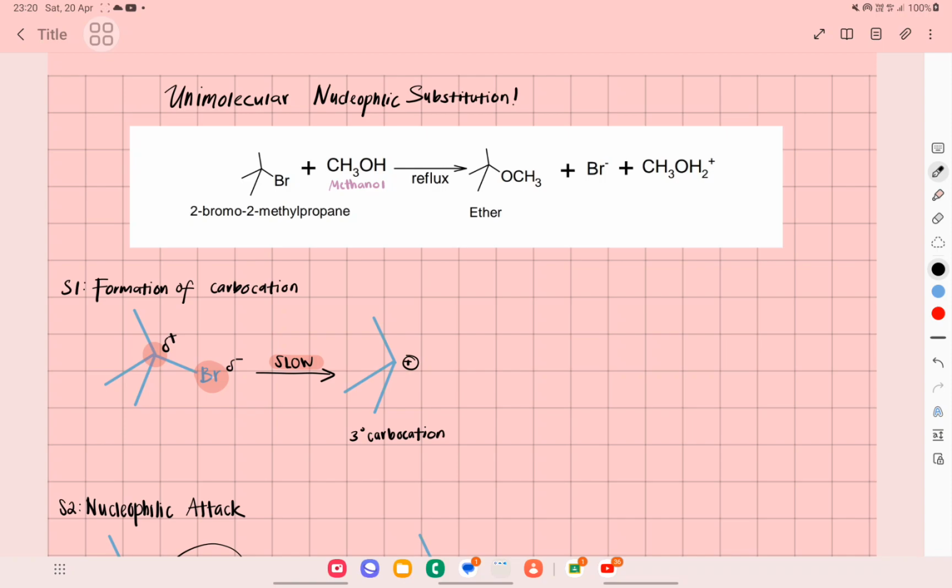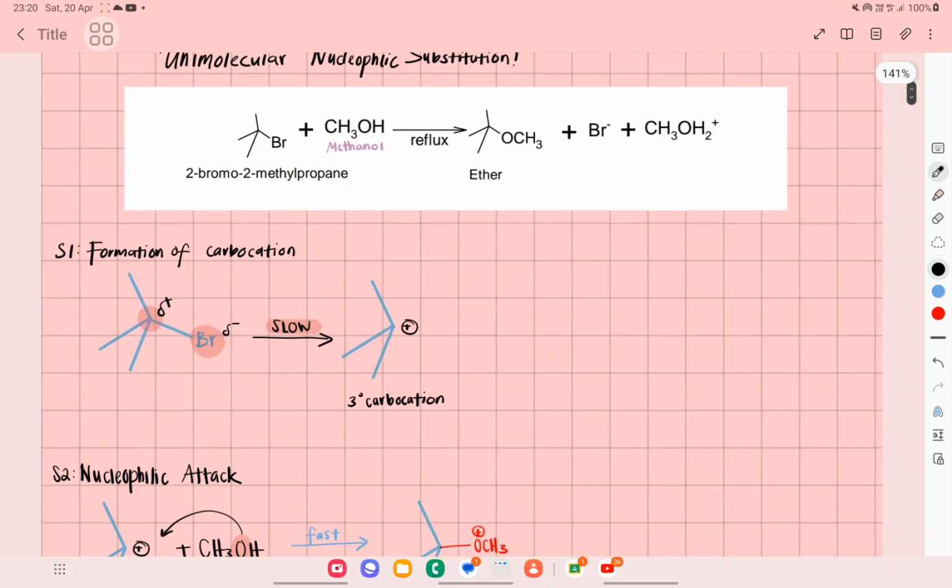Now, without further ado, in step 1 we have the formation of the carbocation. Initially, the bromine atom in 2-bromo-2-methylpropane, which is a tertiary alkyl halide, will leave with 2 electrons from the sigma bond between C and Br, which will be pushed toward the Br atom because it is more electronegative than the C atom.